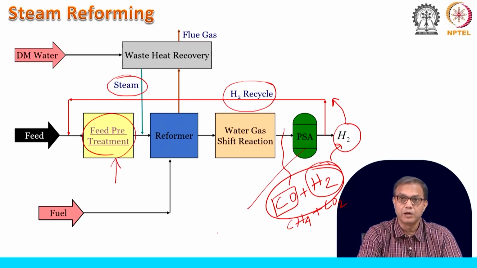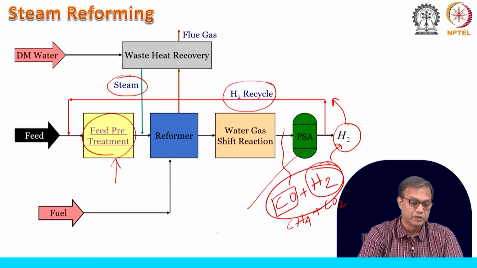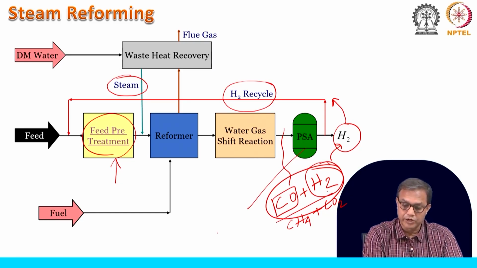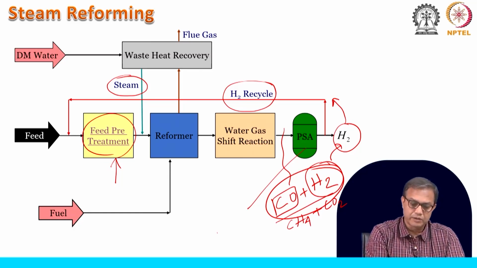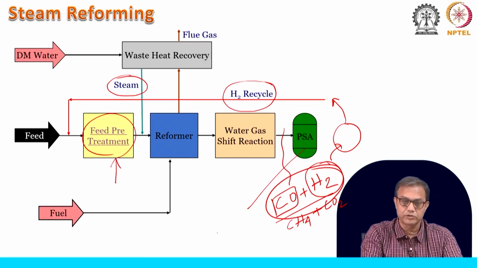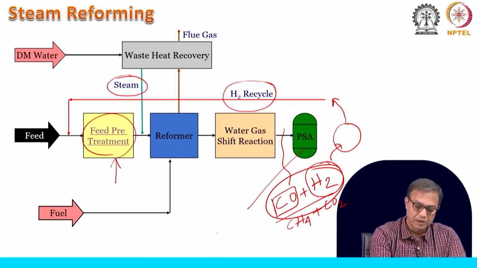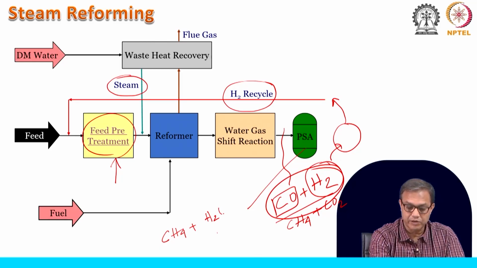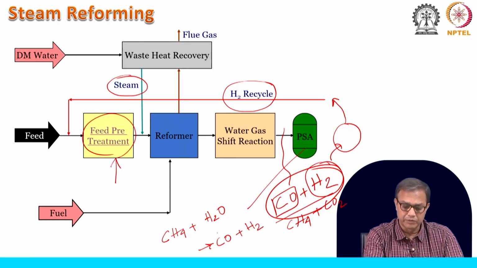There are other modified versions of this available depending on the feed and its CO and H2 content. So, here if we look back, we will find the overall reaction: CH4 plus H2O, that is steam, generating some amount of CO plus H2, that is what is called the reforming reaction.